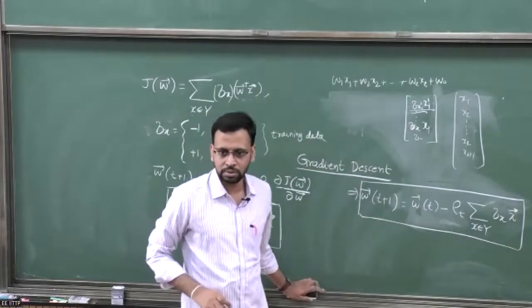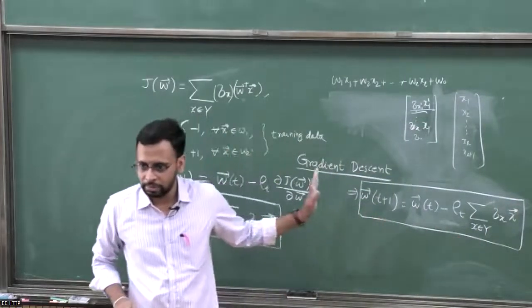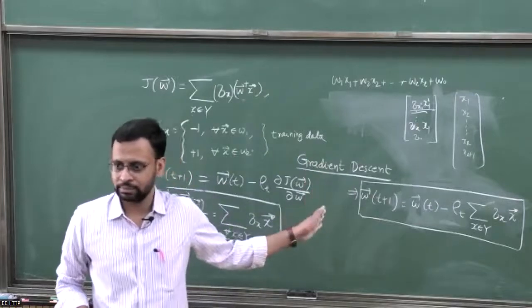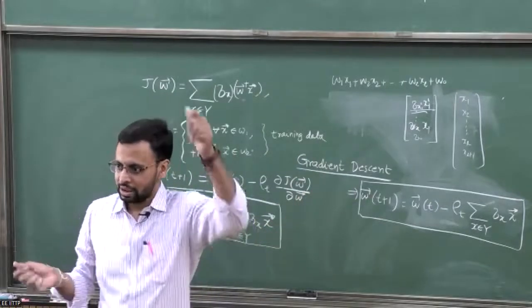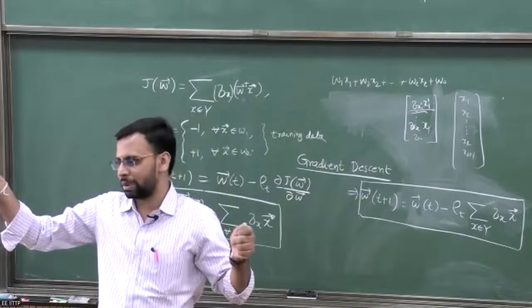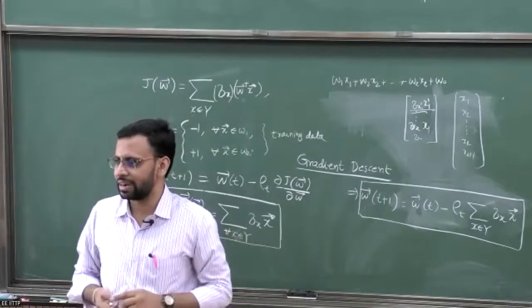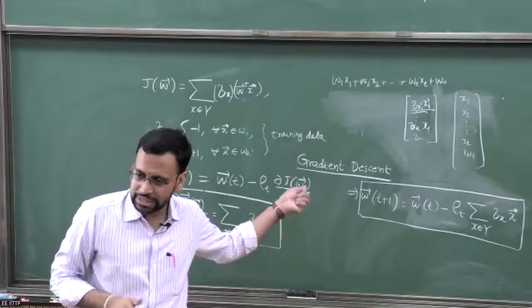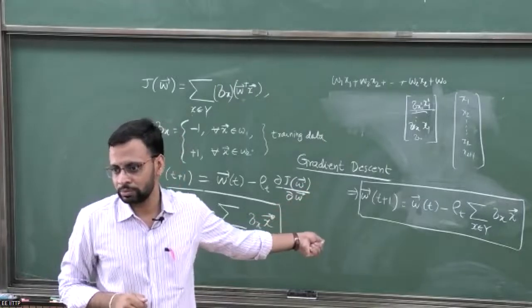This is how we are going to update the weights. If you are updating the weights, obviously your plane is perpendicular to that. That relationship we have already seen. Indeed, these are the weights that we are going to compute.